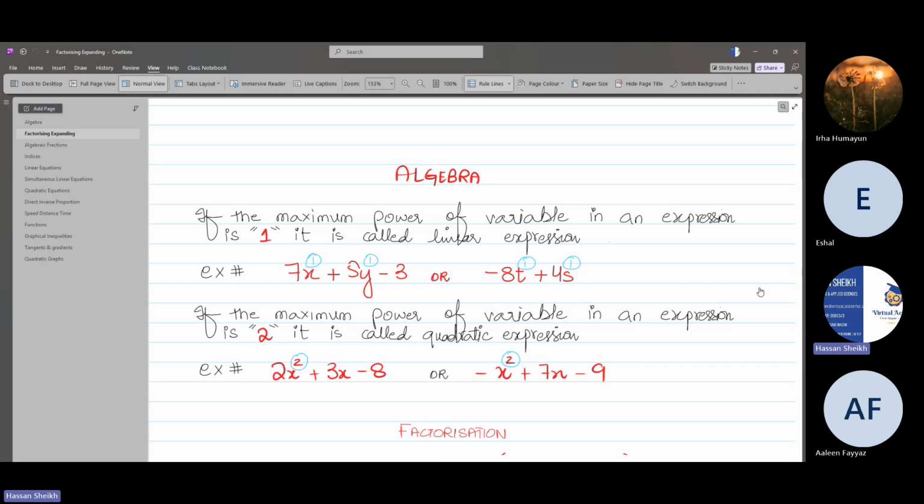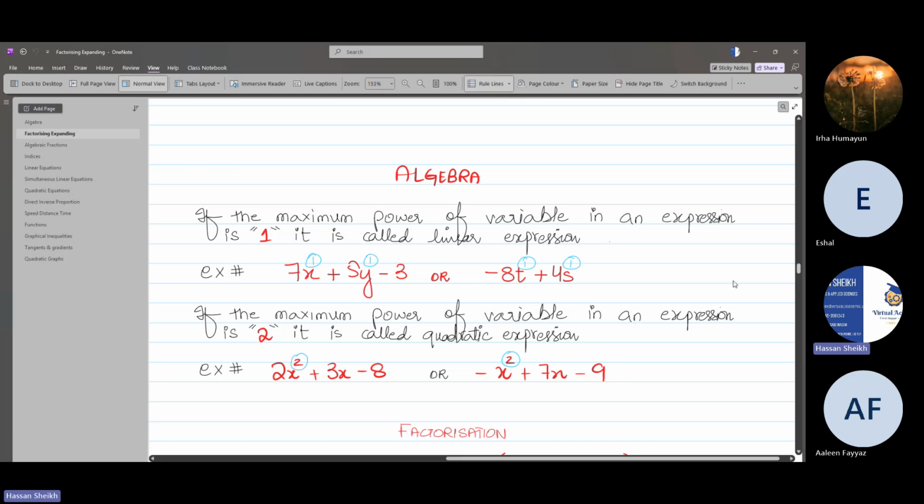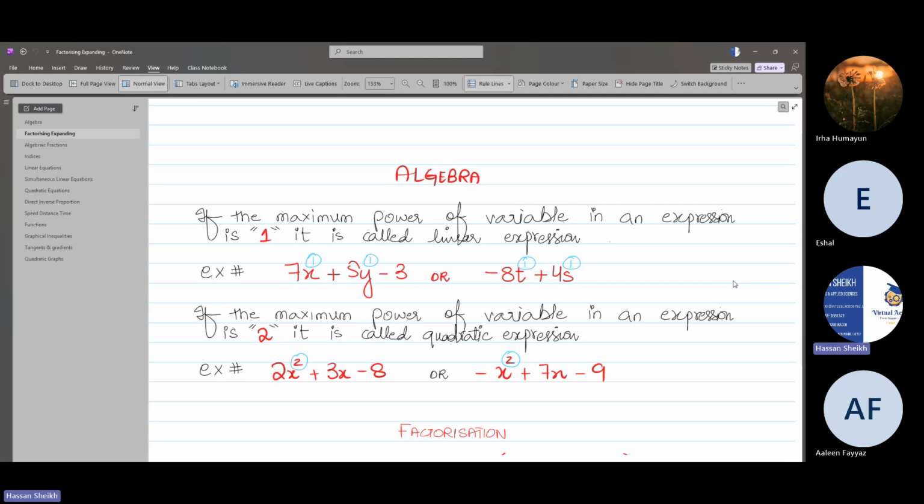Now, how do we identify whether the given equation is linear, quadratic, or cubic? The easiest way is to check the maximum power of the variable in the given equation. For example, the one written on your screen, 7x plus 5y minus 3.